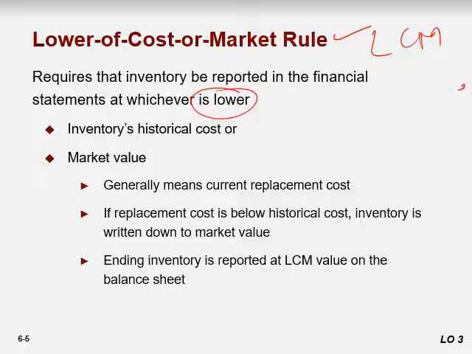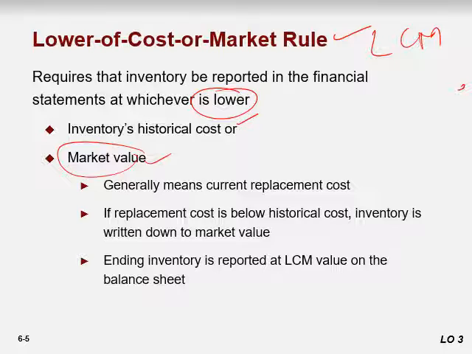So if its historical cost is lower, then you record it lower. If market value is lower, you record it lower, right? So the accounting for inventory is based on LCM, which is lower of cost or market value. Understand? So market value generally means replacement cost.